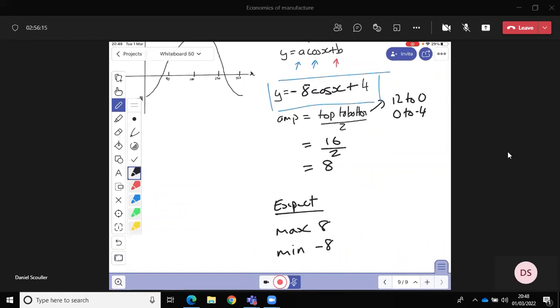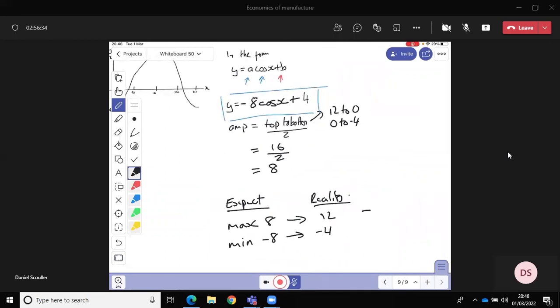But in reality we've got a maximum of 12 and a minimum of -4. So what's the difference there? How do we get from there to there? Plus 4. So don't be scared of taking notes, of writing it in a way that makes sense to you and your thinking.